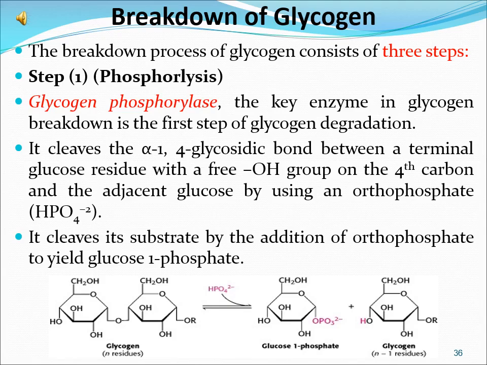It cleaves the alpha-1,4-glycosidic bond between a terminal glucose residue with a free OH group on the fourth carbon and the adjacent glucose by using an orthophosphate. It cleaves its substrate by the addition of orthophosphate to yield glucose 1-phosphate. The cleavage of a bond by the addition of orthophosphate is referred to as phosphorolysis.